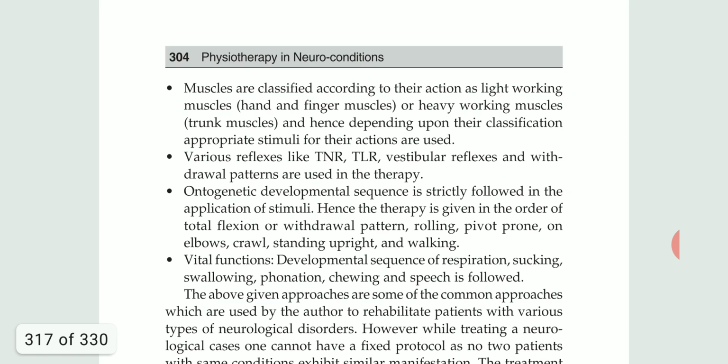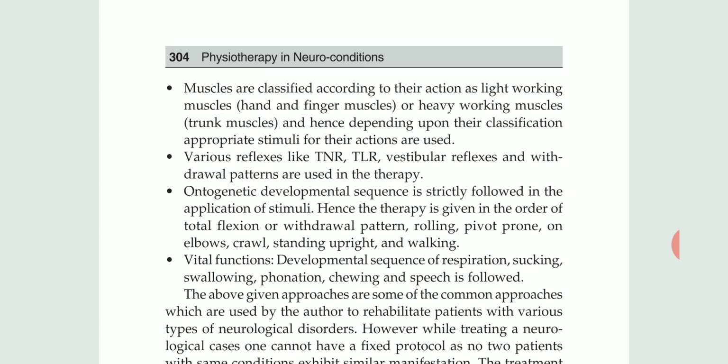Muscles are classified according to their action as light working muscles, hand and finger muscles, or heavy working muscles, trunk muscles, and hence, depending upon their classification, appropriate stimuli for their actions are used. Various reflexes like TNR, TLR, vestibular reflexes, and withdrawal patterns are used in the therapy.